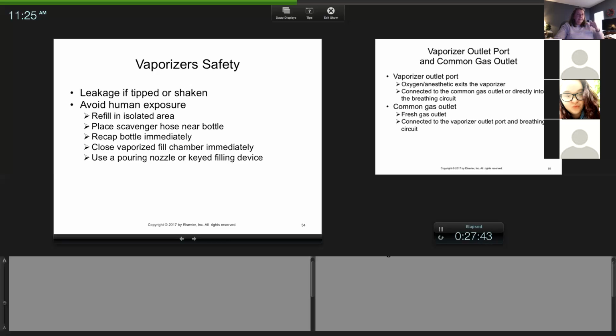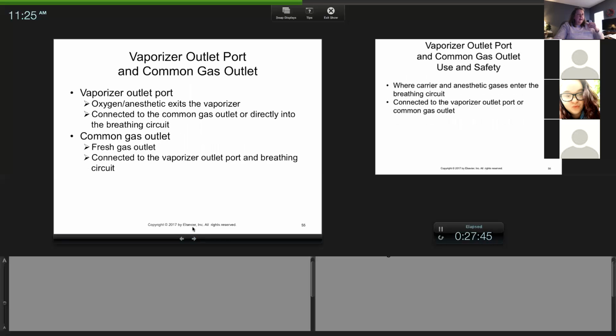And then the outlet port, I usually call it the outlet of the vaporizer. I don't call it the common gas outlet. The inlet of the vaporizer is where oxygen comes in. The outlet of the vaporizer is where oxygen and anesthetic leave. It is connected to the breathing circuit. I showed you that black tube.